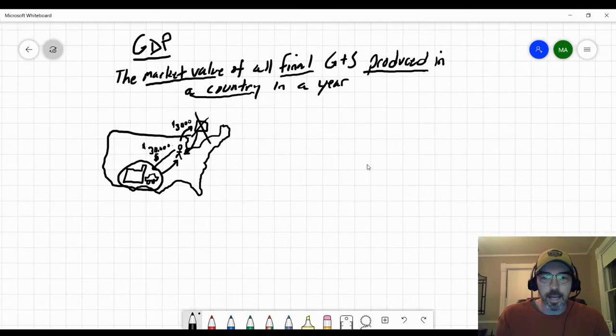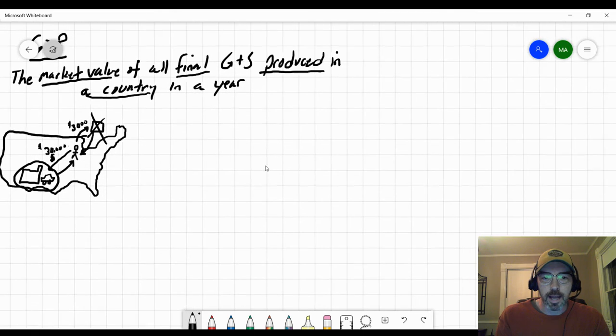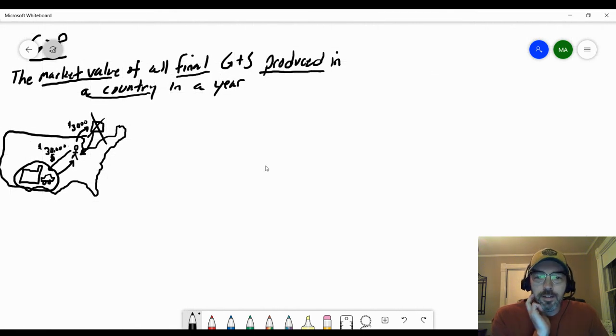A second and maybe a little bit more difficult concept is the idea of GDP versus real GDP. And I want to illustrate this with a little example. So this is a real simplification, but I want to provide 2 years in time and a very simplified example here.